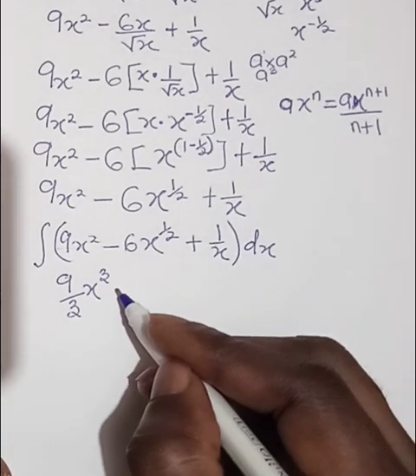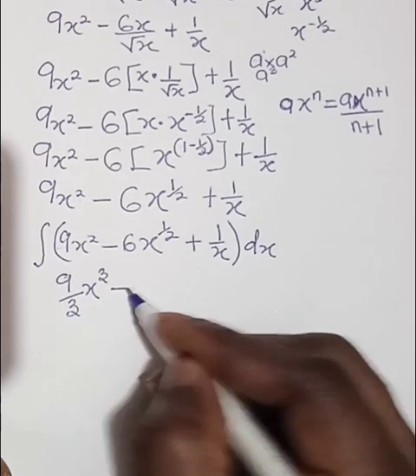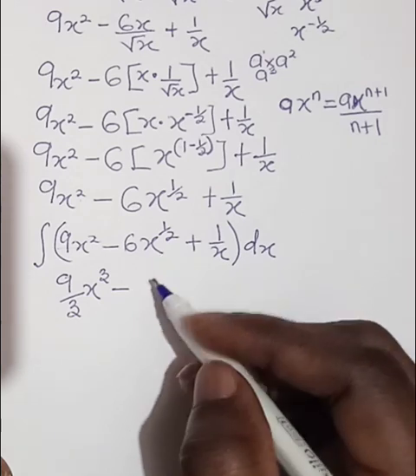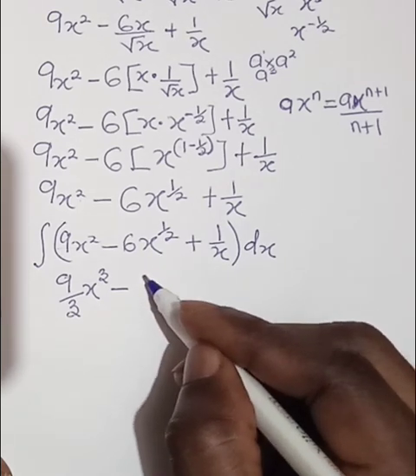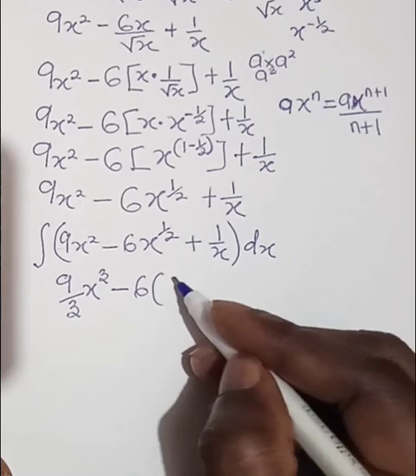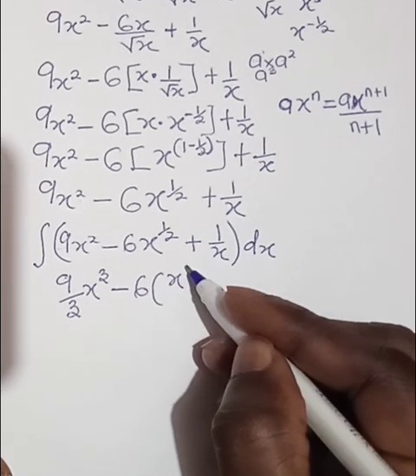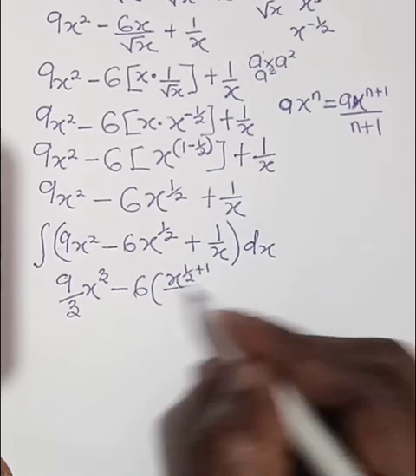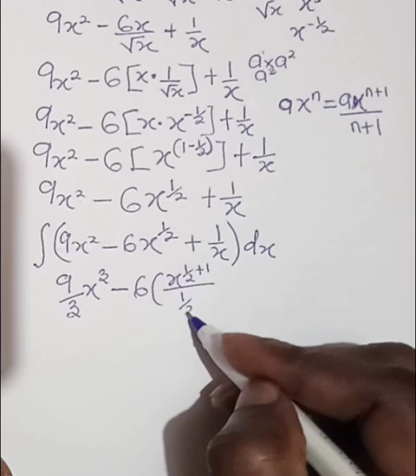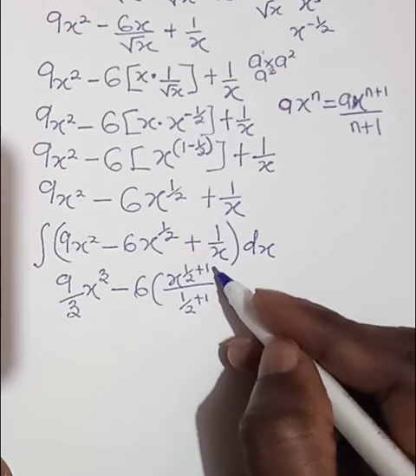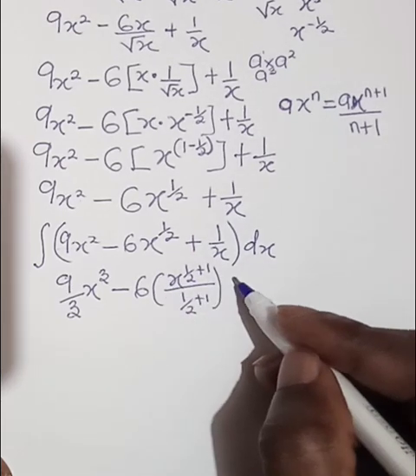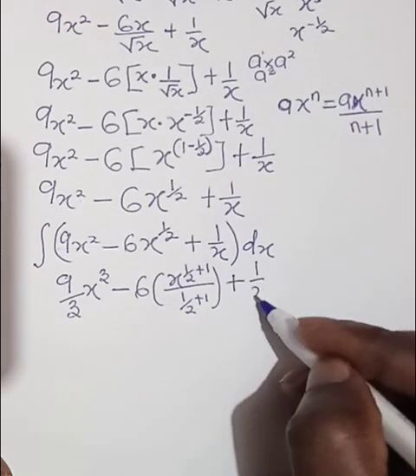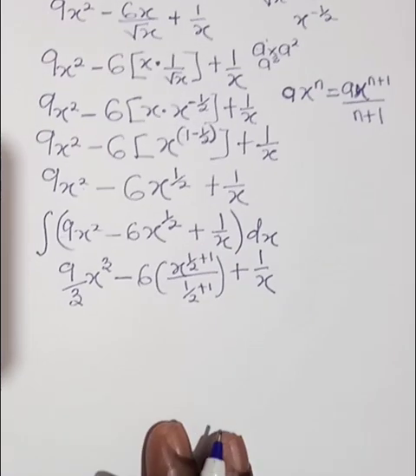Okay, so let me do this one. Now here, because of the fraction, let me do it this way, step by step, so that you don't get yourself confused. So I can write here as this. So I have x exponent half plus 1, all divided by half plus 1. I'm doing this so that you don't get confused. Okay, all right, plus 1 on x. Great.